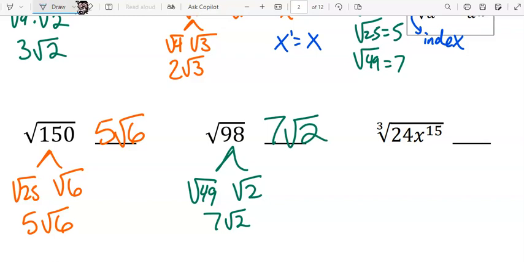We have the cube root of 24x to the 15th. This is a cube root, so we're going to try to take out perfect cubes instead of perfect squares. So we have -1, 8, 27, 125, and 343.